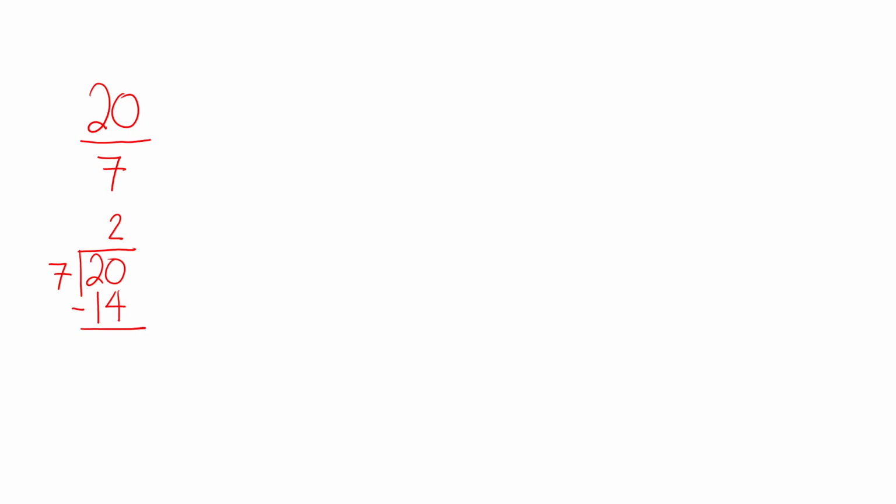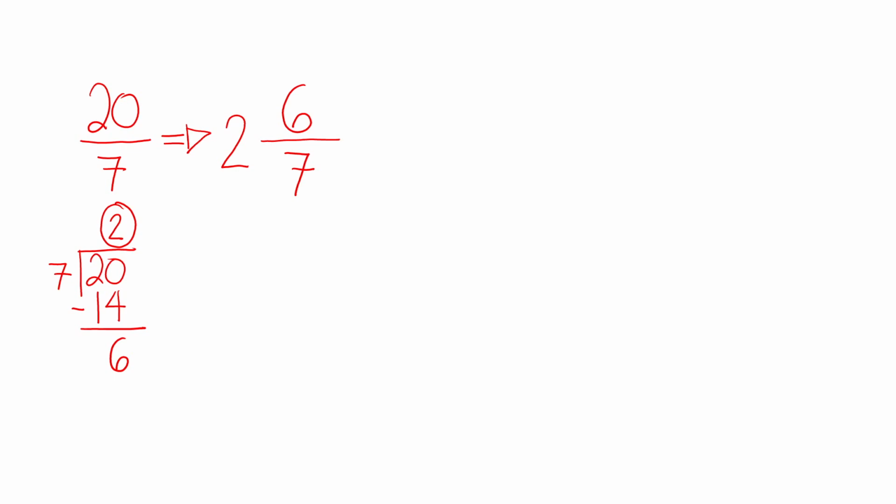What's the remainder? 6. So how do I write this one in mixed form? 2 is the whole number. Correct. What will I write? 6 sa numerator. 7 sa denominator. There you go.